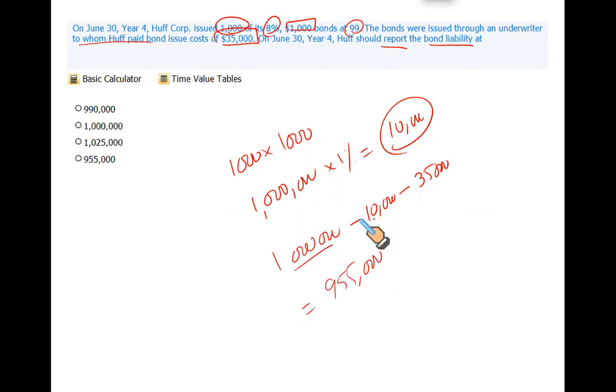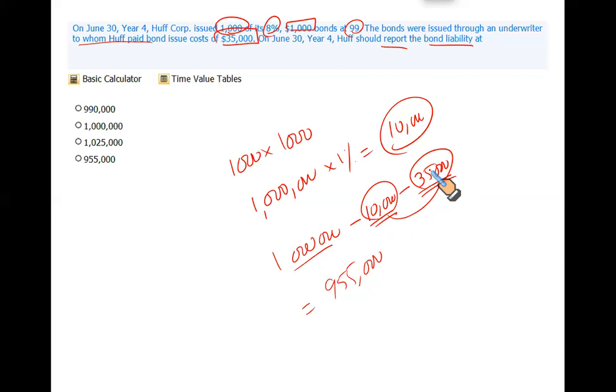So this is the par, less discount, and any cost on the bond issue is amortized just like the bond discount. I'm going to repeat. Issue cost is treated as if it's a bond discount, and it is amortized in the same way as the bond discount. So that is why we deduct the bond discount, and we deduct this 35,000 of issuance costs also.